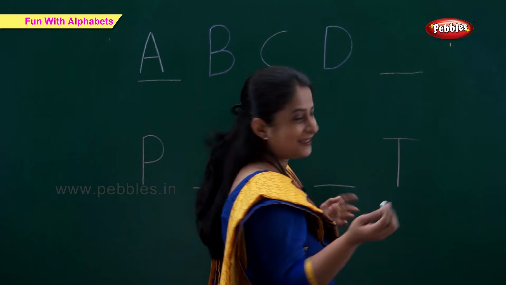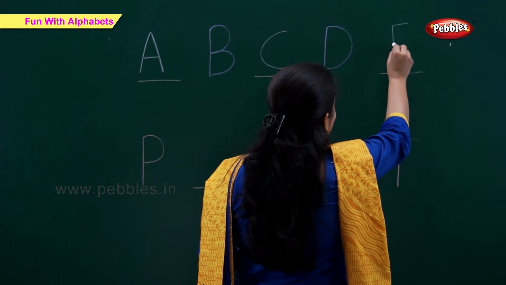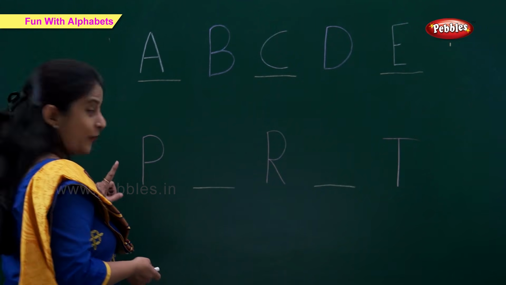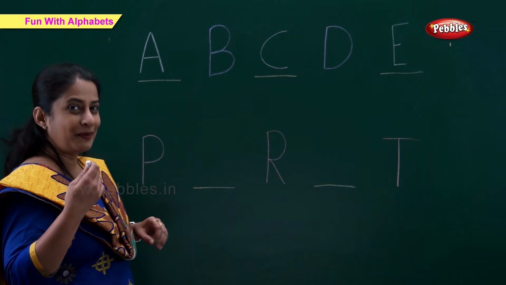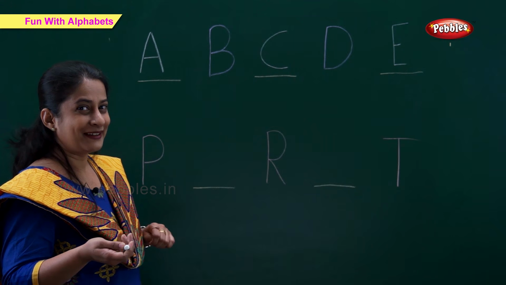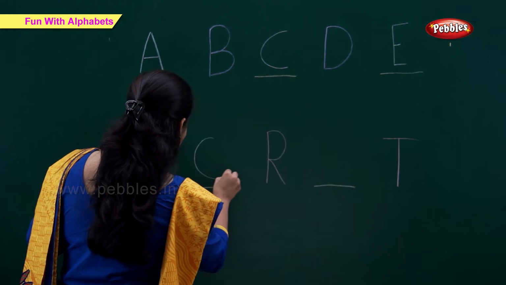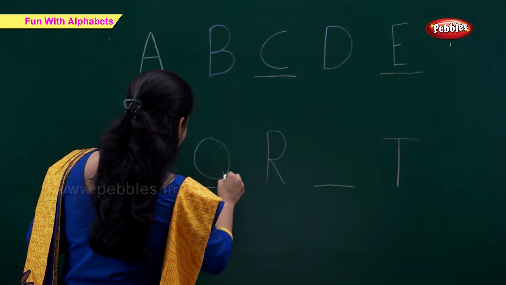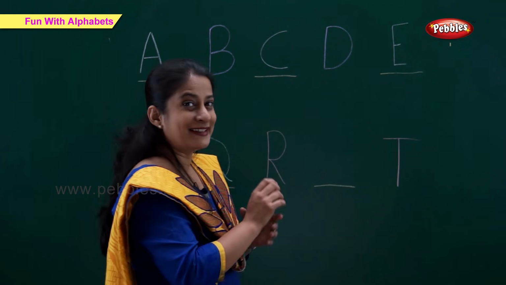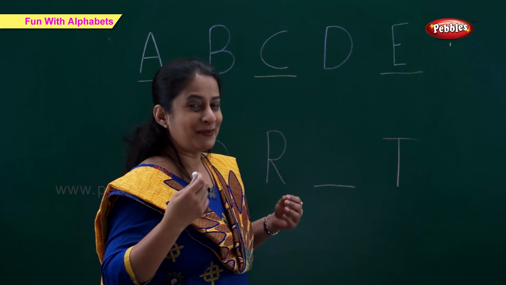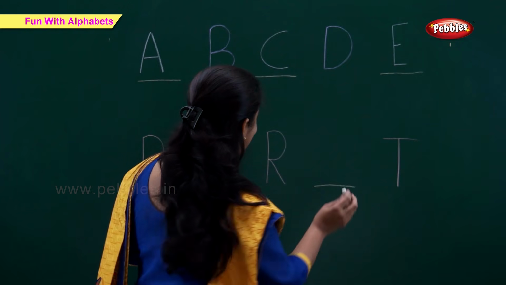It's E. So which letter is this? P. And what comes after P? Q. And which letter is this? It's R. So what comes after R? You're right. It's S.